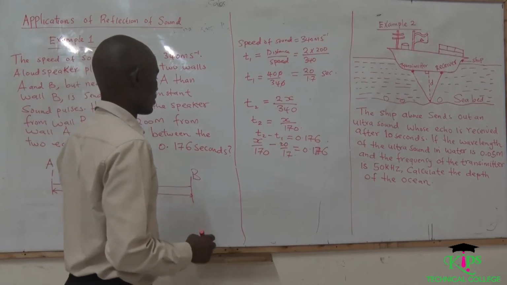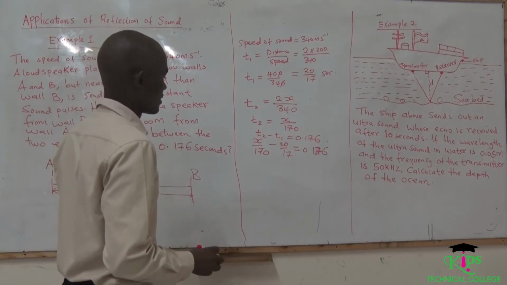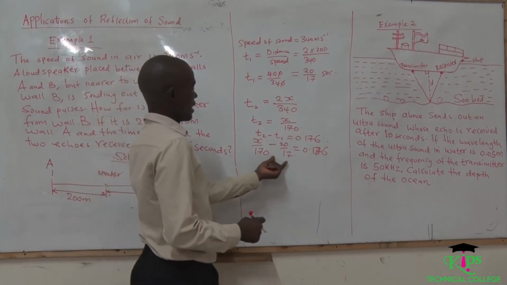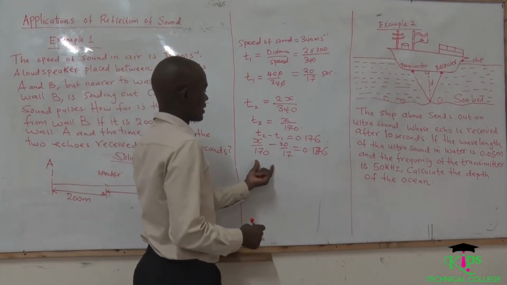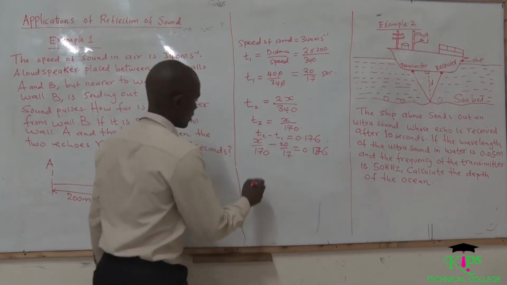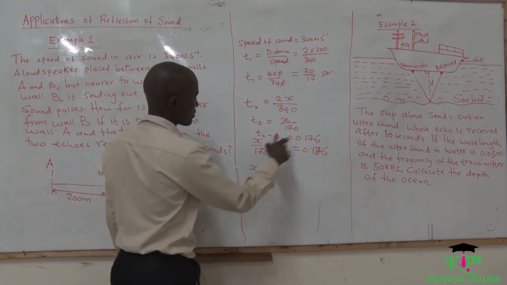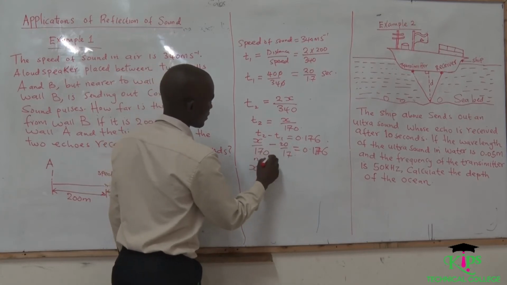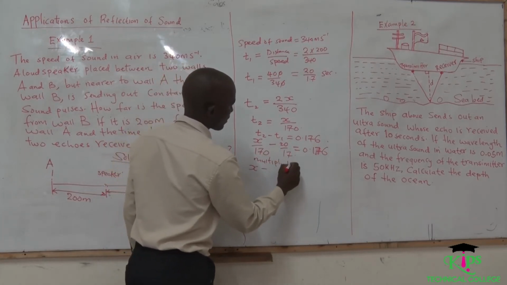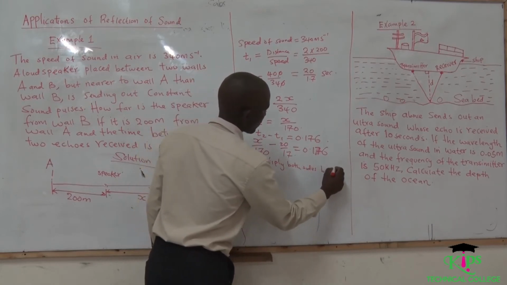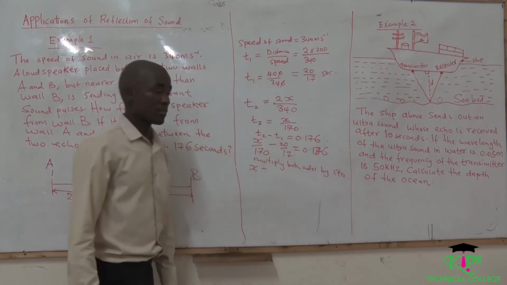So we can cross multiply here and see what we are getting. I'm saying multiply both sides by 170.